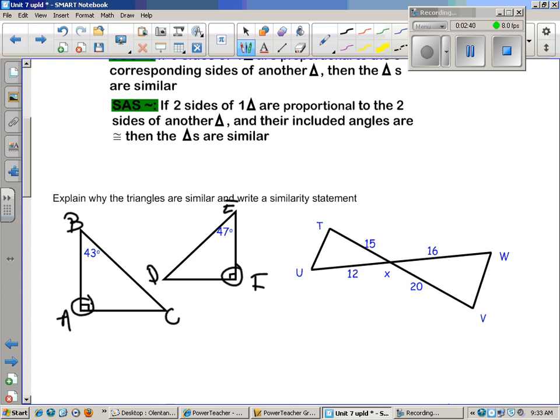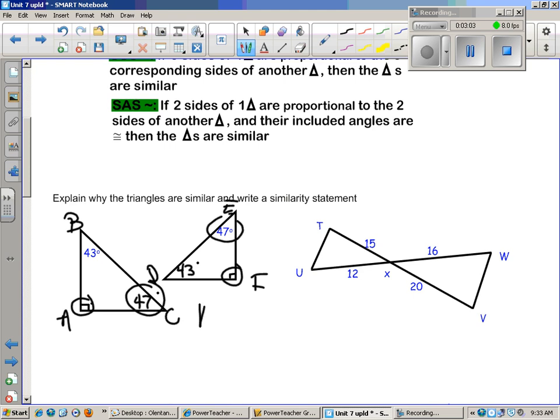No, but let's check. What would the measure of this angle be? 47, right? 90 plus 43, and then subtract that from 180, and you get 47, which would make this one 43. So now do we have 2 equal angles? Yeah, like the 47 and the 47, right?